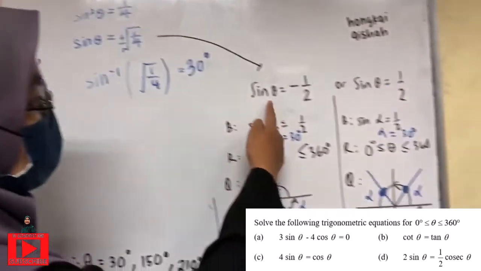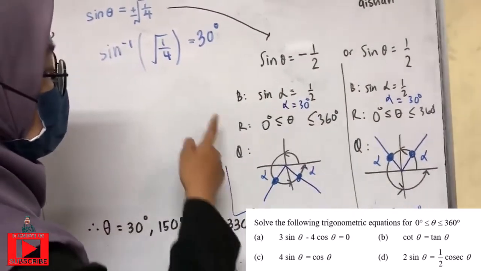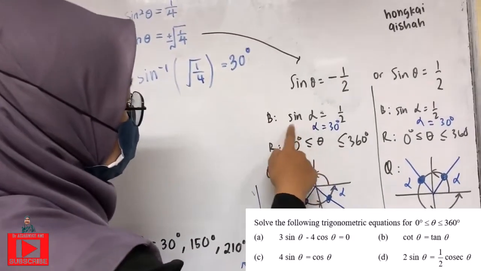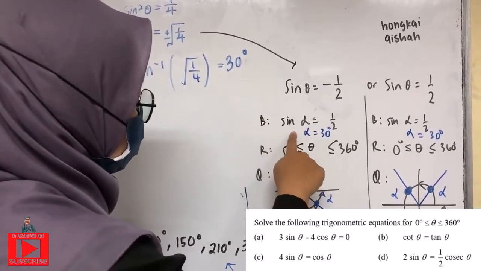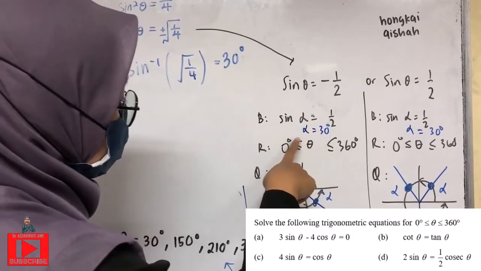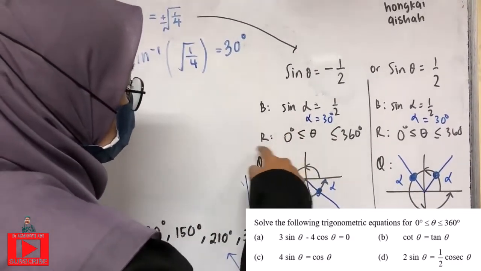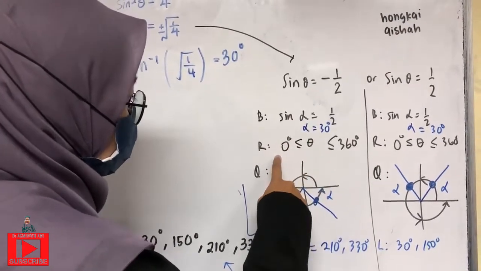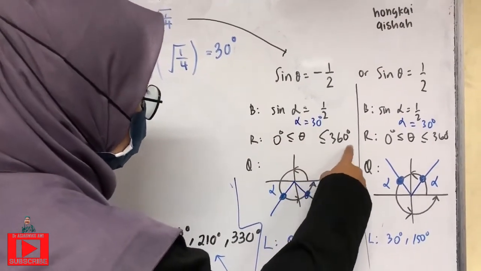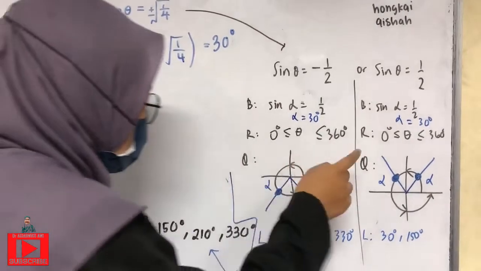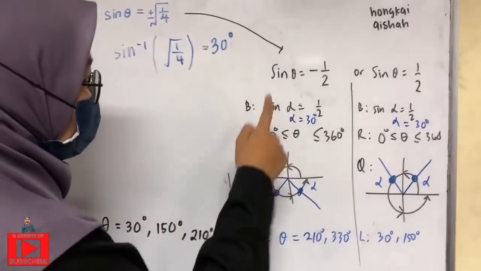Okay, sin theta equal to negative 1/2. We find the basic angle. So shift sin 1/2 is equal to 30. The range given is 0 to 360.